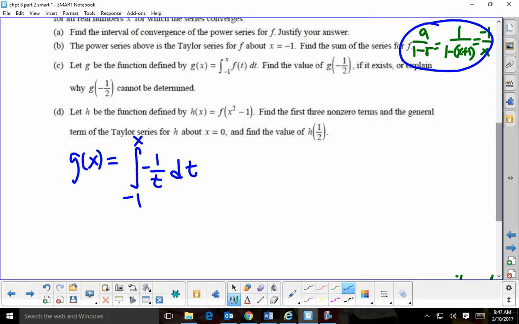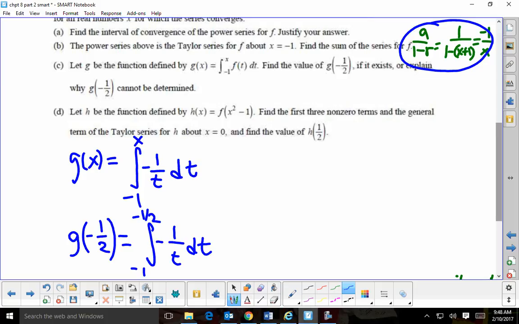Find the value of g of negative 1 half. So they're asking me to find g of negative 1 half, which would be the integral from negative 1 to negative 1 half of negative 1 over t dt, if it exists, or explain why it cannot be determined.